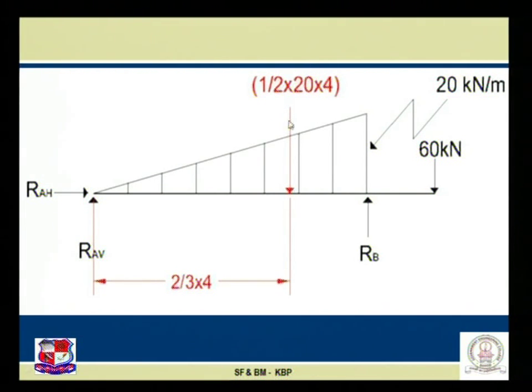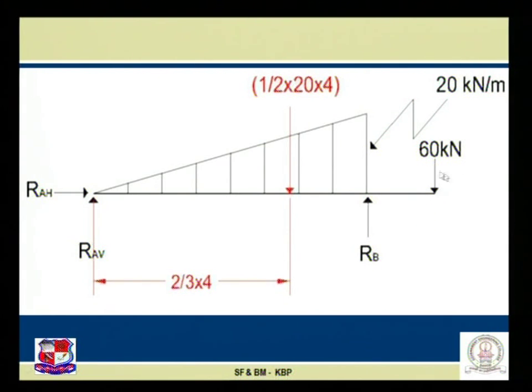Now another force is this equivalent point load, that is half into 20 into 4, the load of force multiplied by perpendicular distance, that is 2/3 of 4 from A. So half into 20 into 4 into 2/3 into 4 creates a clockwise moment at A, hence it is treated as positive. Now RB into perpendicular distance 4, RB into 4, creates an anti-clockwise moment, hence treated as negative, so minus RB into 4.